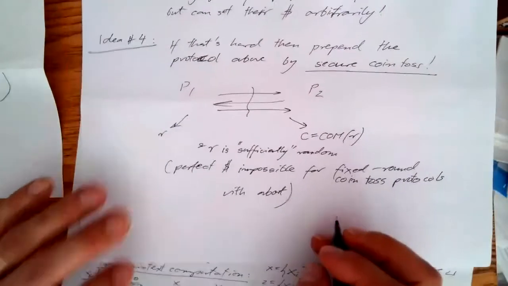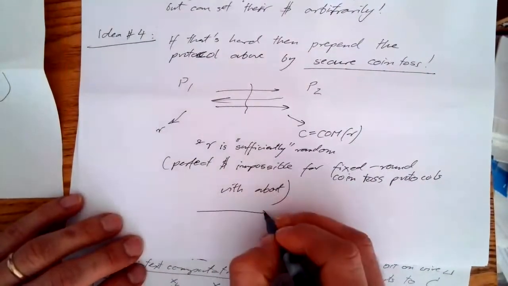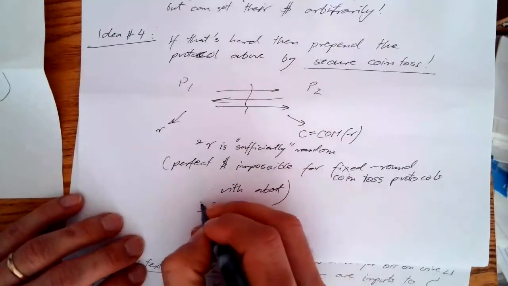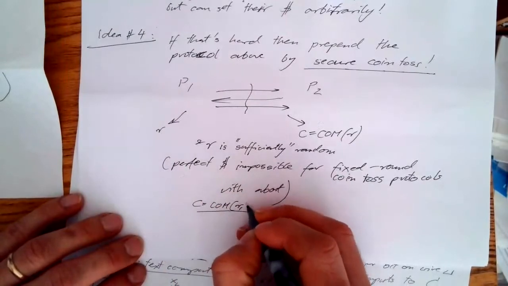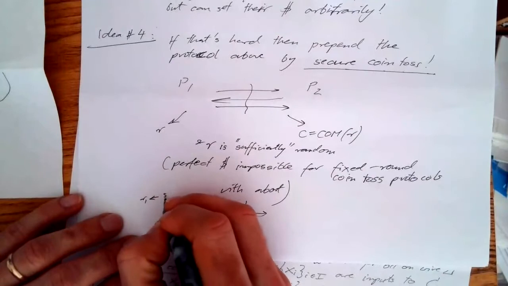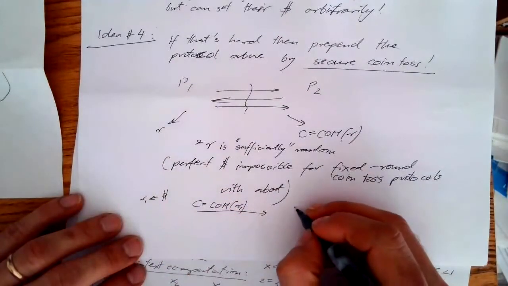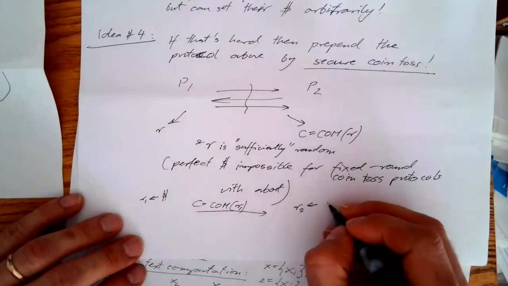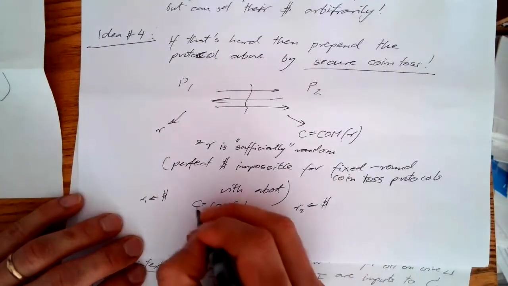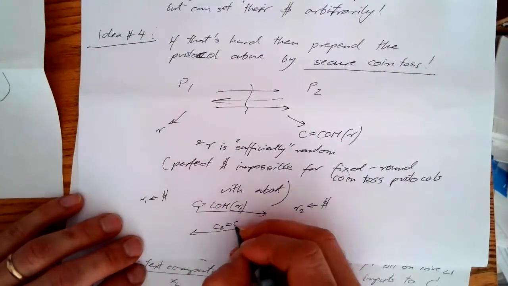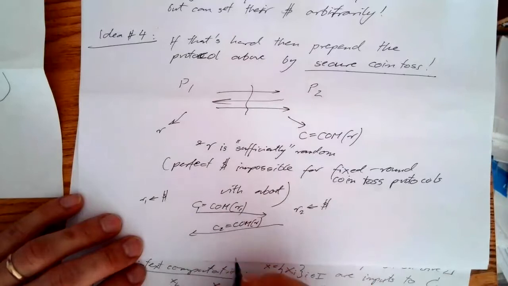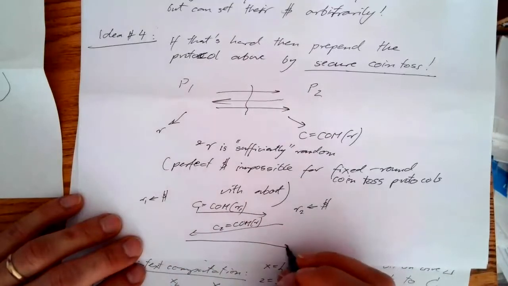And maybe how do you do this coin toss? Commit to R1, picked at random from the same space; pick R2 at random, and send a commitment. And now this guy opens.